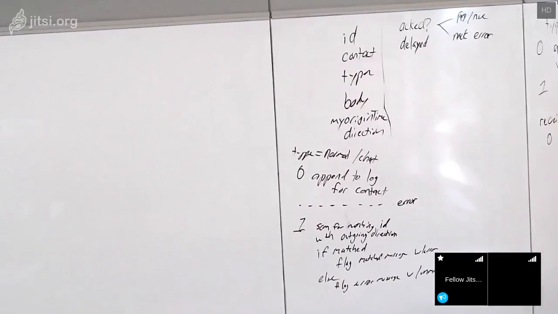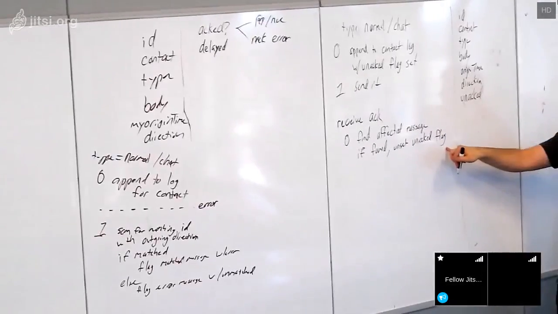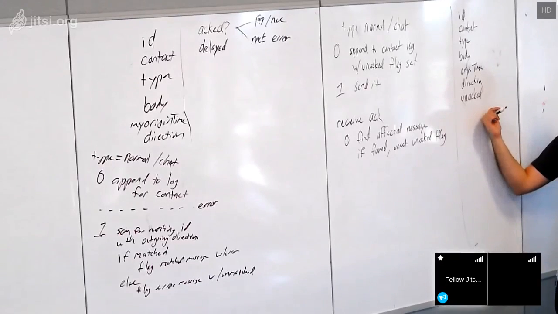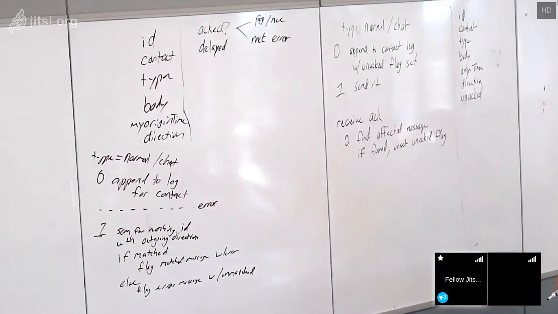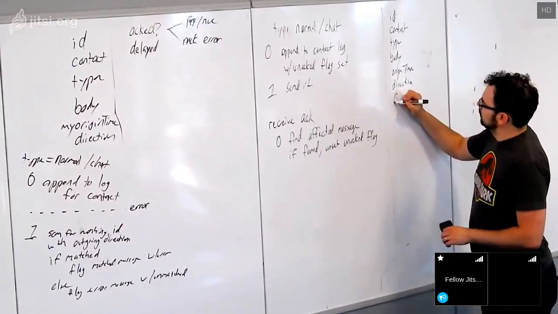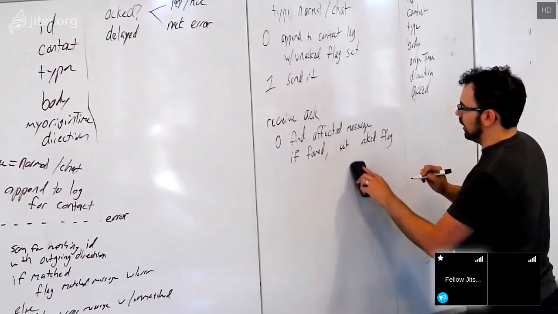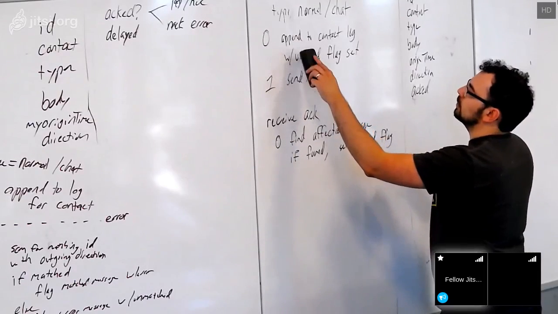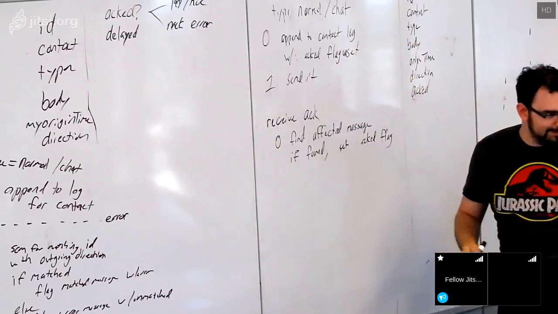Okay, so if we receive an ACK, find the affected messages, unset the unact flag. Yep. Do we want a positive ACK or a negative ACK? I prefer positive. It doesn't really matter. So we're going to add, has this been acted? Yes. We're going to set the act flag, act equal true.